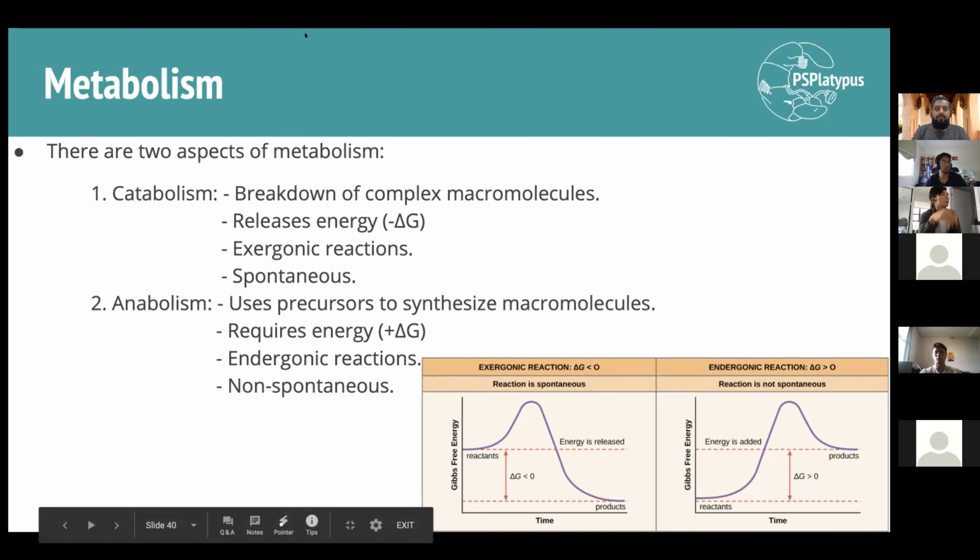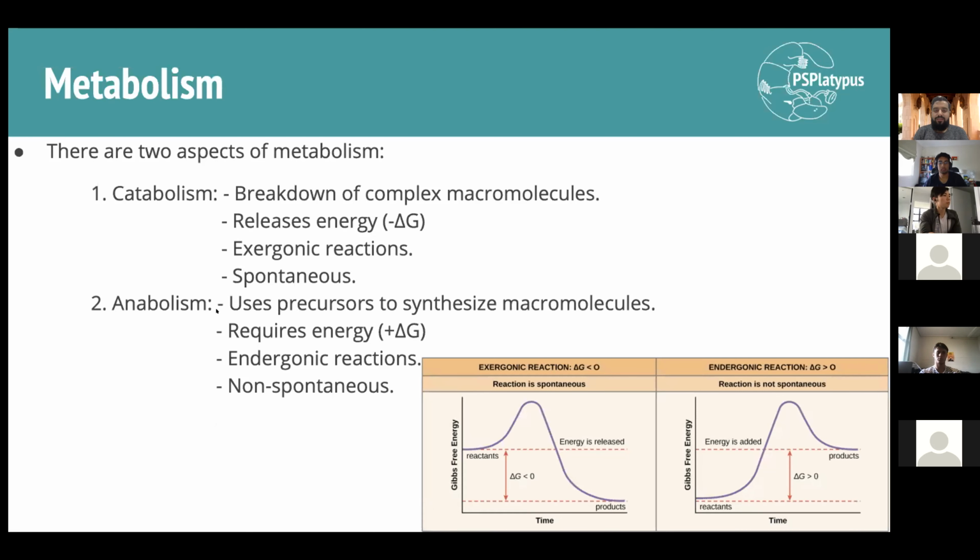If we talk about metabolism, there are two aspects: catabolism and anabolism. Catabolism is breaking complexes or large molecules into smaller molecules. This process releases energy and it's considered an exergonic reaction because it releases energy and it's spontaneous.